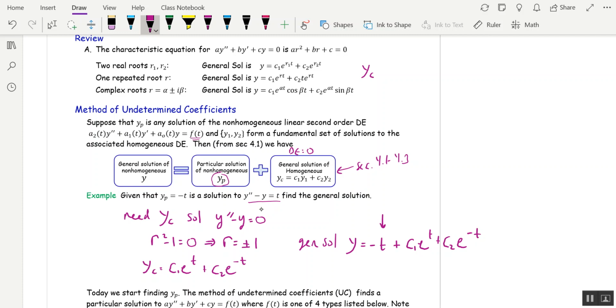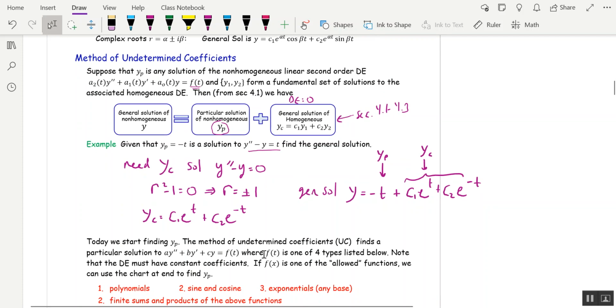So this is my yp, and this is my yc. When you add those two together, you get the general solution of the non-homogeneous. And in this case, yp was given to us, but today we're going to see how to find it. We already know how to find yc.